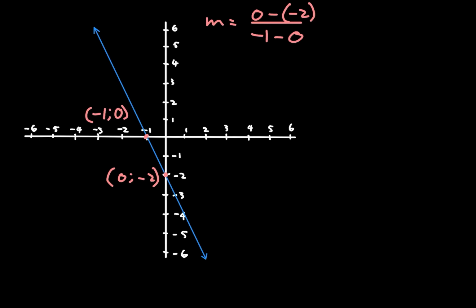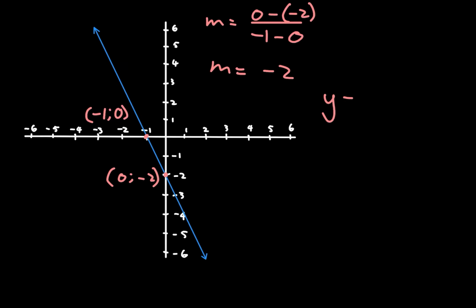Now you'll see here that this 0 is the x-coordinate here, and this negative 2 is the y-coordinate here. This 0 is the y-coordinate here, and this negative 1 is the x-coordinate here. So this will give us a gradient of 2 over negative 1, which is negative 2.